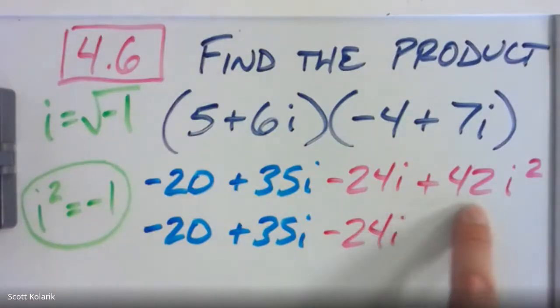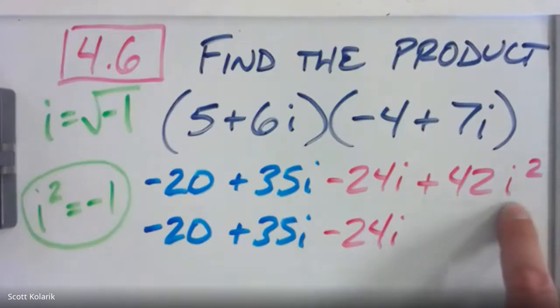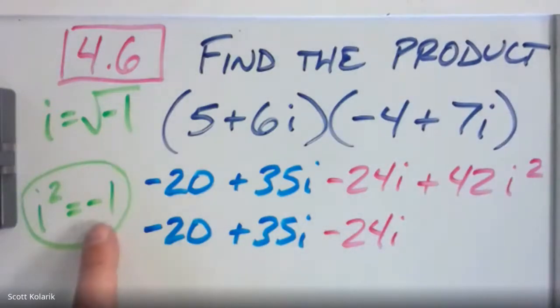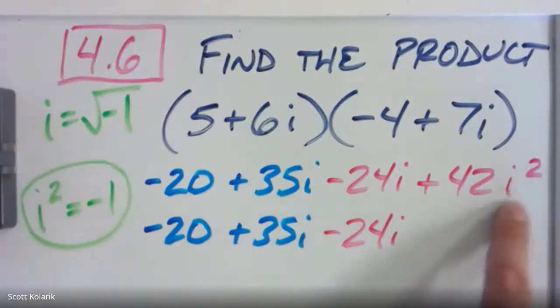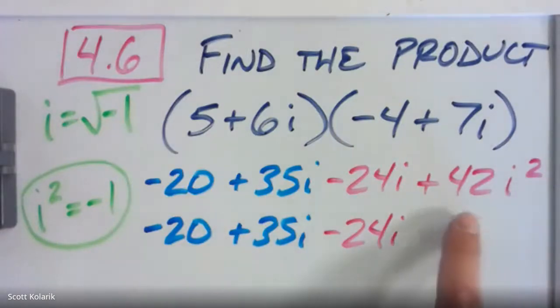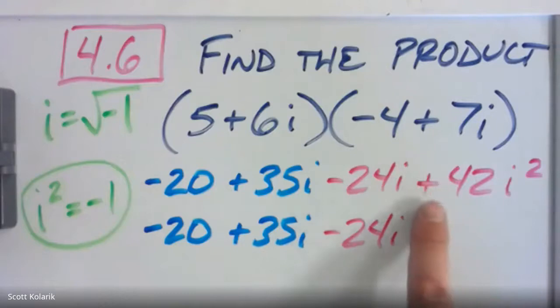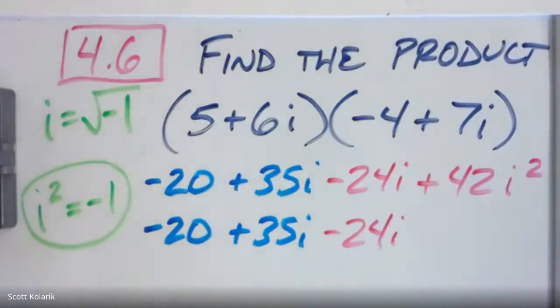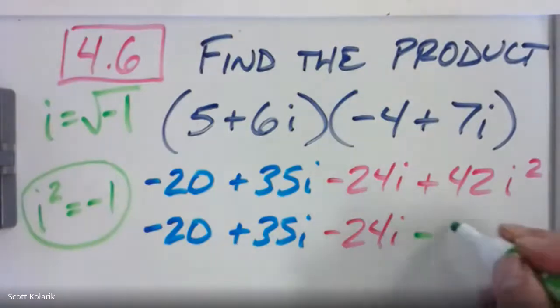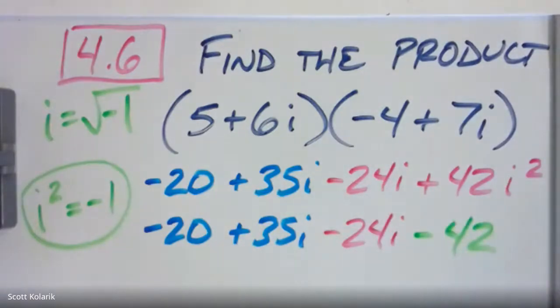But now when I have this positive 42 times i squared, it's worth noting that this i squared is in fact -1. And so what will end up happening is this i squared, or -1, times whatever value here is going to end up changing that sign. And so in this case, a positive 42 becomes -42.